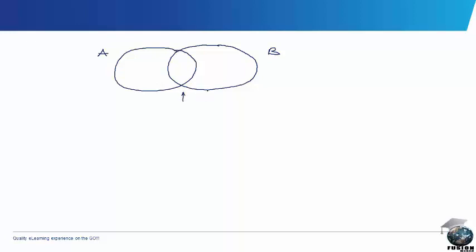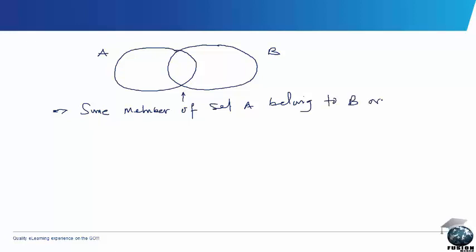This implies that some members of set A belong to B, or it could be that A intersection B is not equal to a null set. This is a possible relation too.